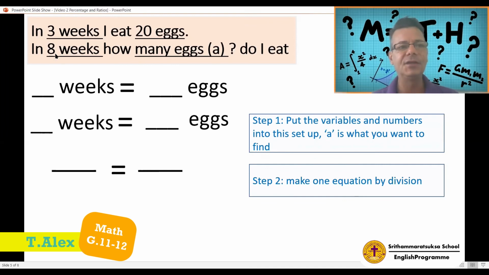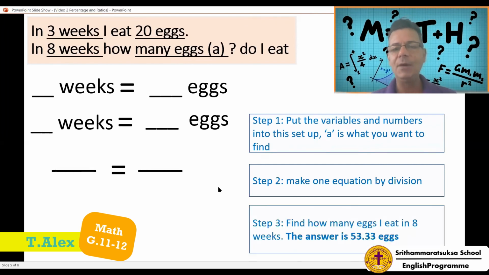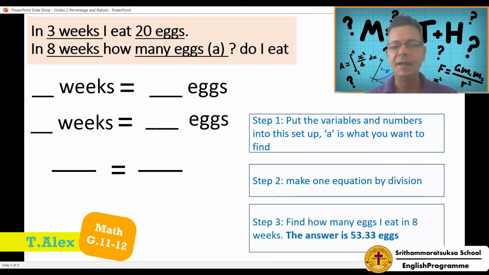In this case, you know 3 weeks is 20 eggs. You want to find how many eggs you will eat in 8 weeks. Now I'm giving you the answer here. The answer is 53.33. But if you would like, see if you can find that answer by going through the same method that you saw on the previous slide.